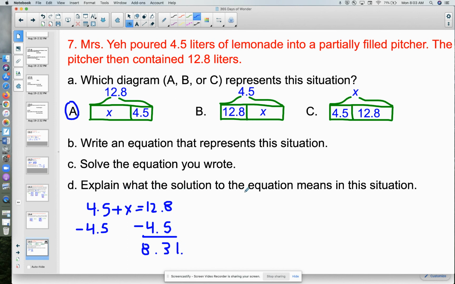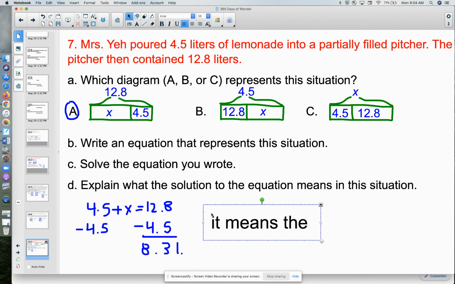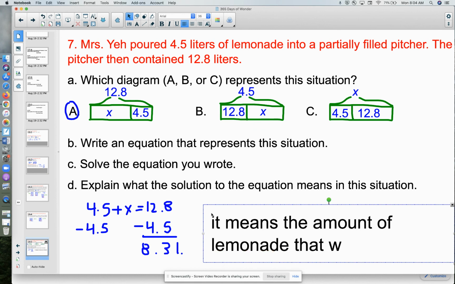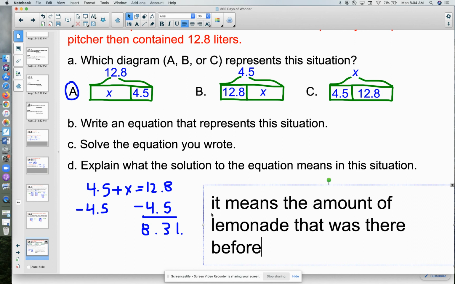Explain what the solution to the equation means in this situation. So what does the solution mean to the equation? Well, let's see. It means the amount of lemonade that was there before 4.5 liters were added.